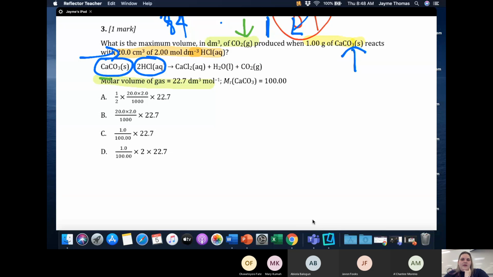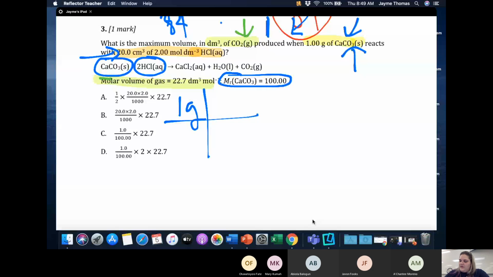Now, what I would do to set this up, start with the calcium carbonate one first. On that one, I have 1 gram. And I know that I would need to divide by the molar mass, and they gave me the molar mass of the calcium carbonate right here. Because again, they know you don't have a calculator, so they're not going to make you calculate the molar mass.